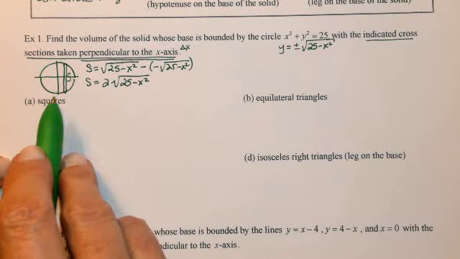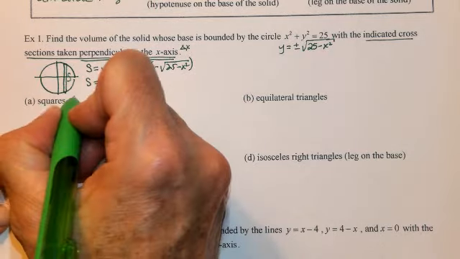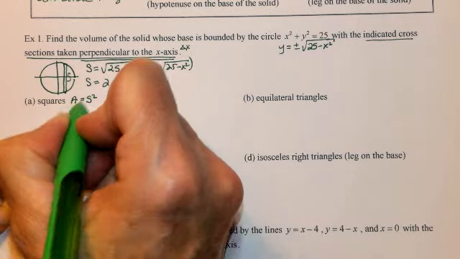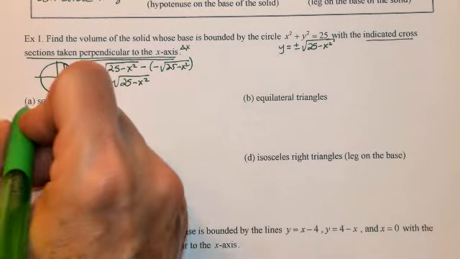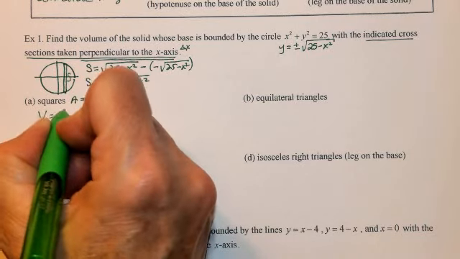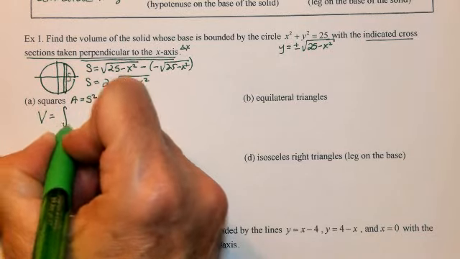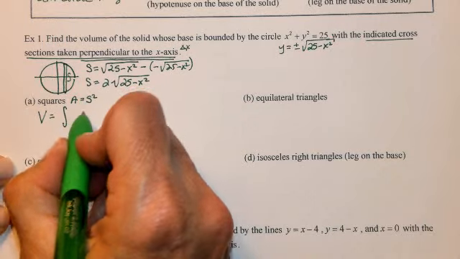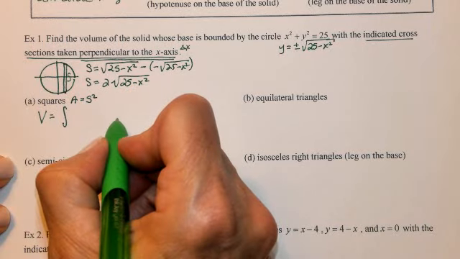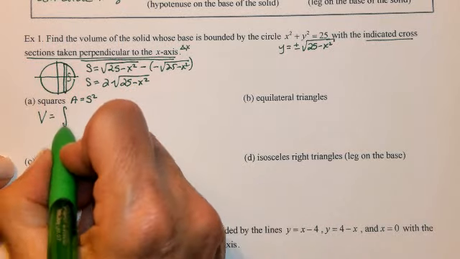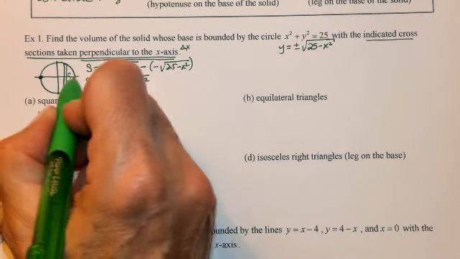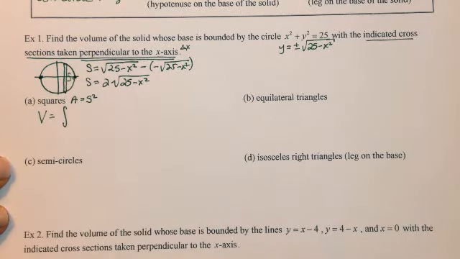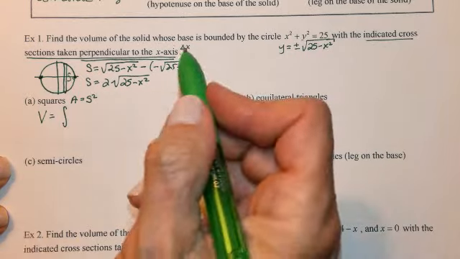Okay, so for squares, I know that my area is side squared, right? And there's my side. So my volume will be the integral of just the area dx, right? What are my boundaries on my integral? What is my leftmost x and my rightmost x? If we're doing a delta x, that's where we go to.